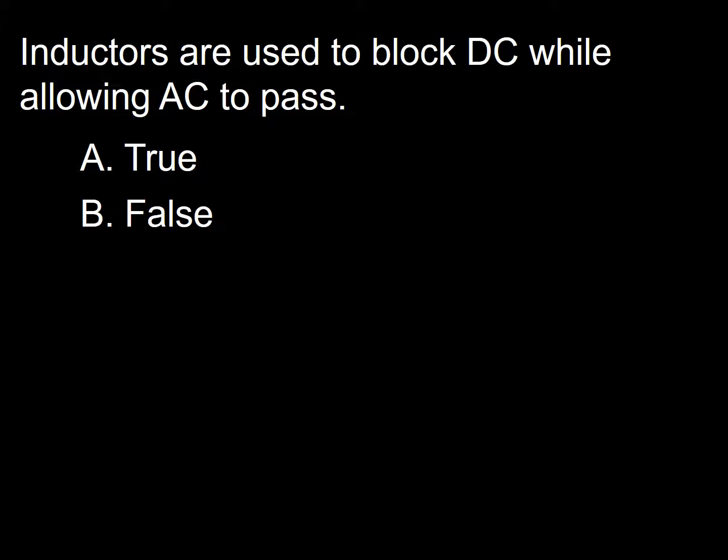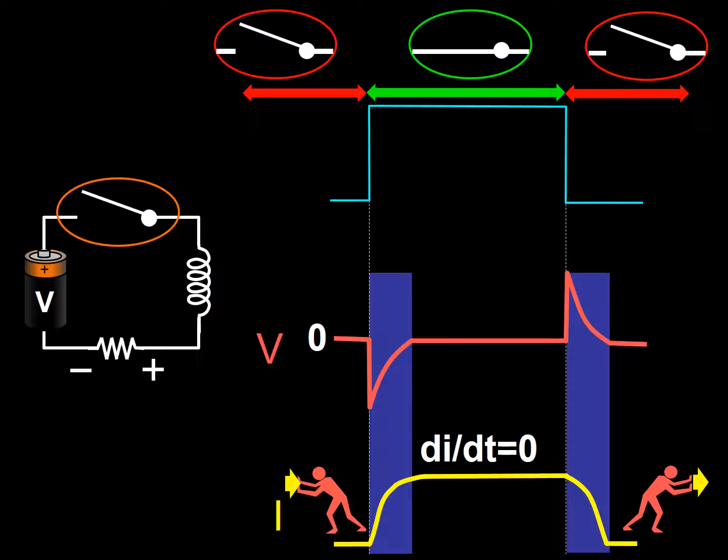Next question. Inductors are used to block DC current while allowing AC current to pass. A true, B false. An inductor will behave like a non-resistance element when current is running at a stable pace. Inductors only influence electricity if voltage is changing.